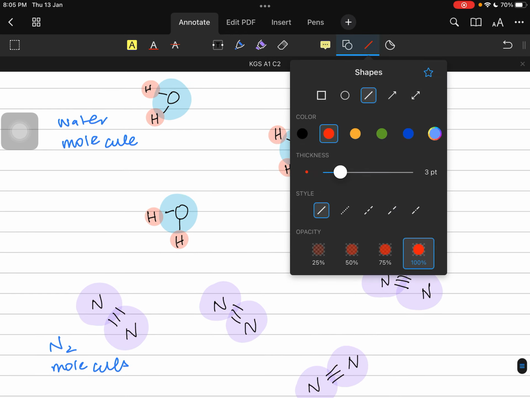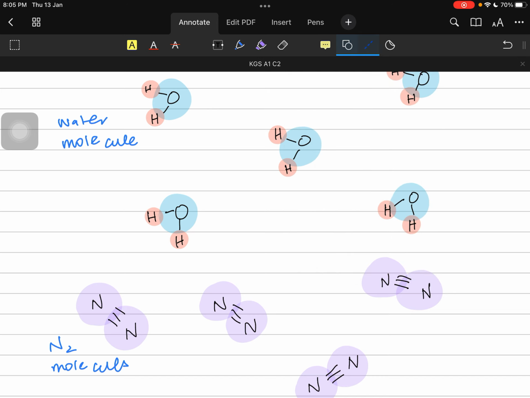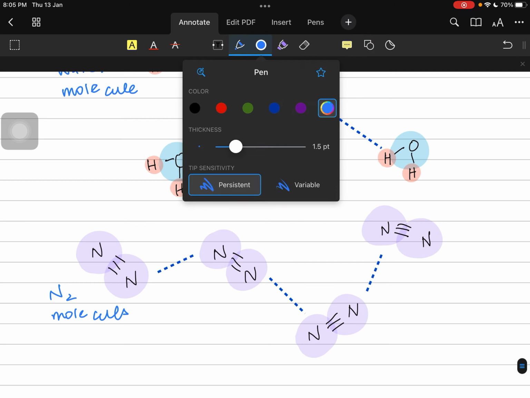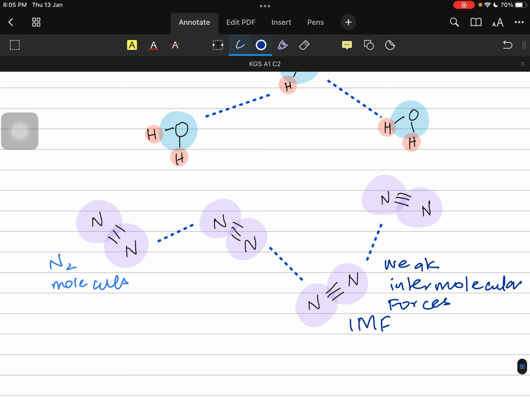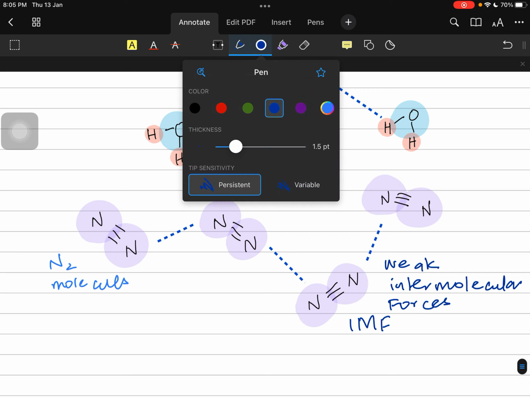If I draw a dotted line represented by blue lines, these are not very strong forces and they can be overcome really easily. Obviously, the extent of forces may vary from molecule to molecule, but they are often not very strong. So these are weak intermolecular forces, aka IMF, and they can be overcome really easily.